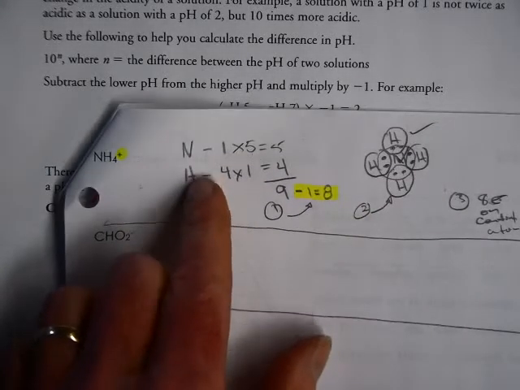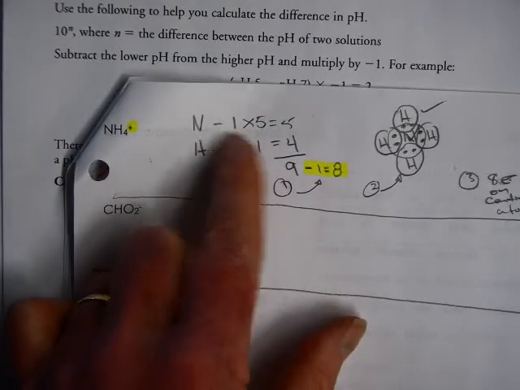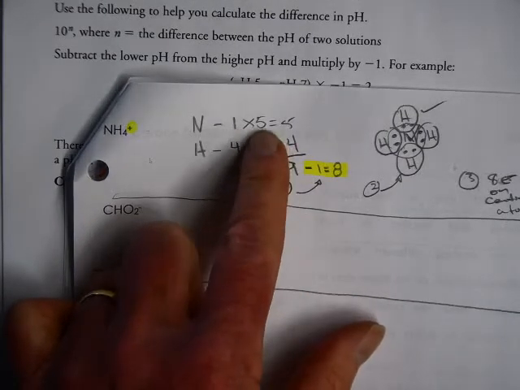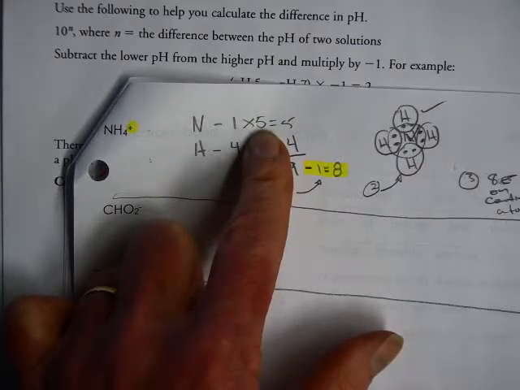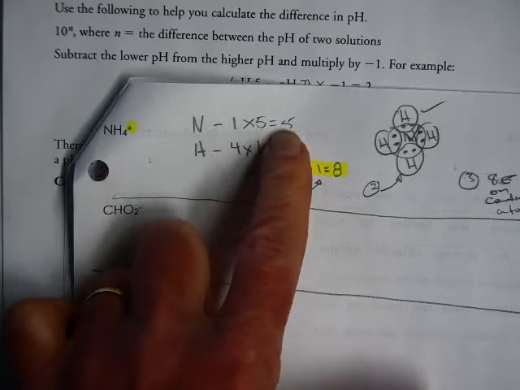So nitrogen, if you look at your periodic table, this is your first step, you have one nitrogen, and you can see that there are 5 electrons in the outer shell. So 1 times 5 is equal to 5. From the nitrogen, you're going to have 5 electrons involved.